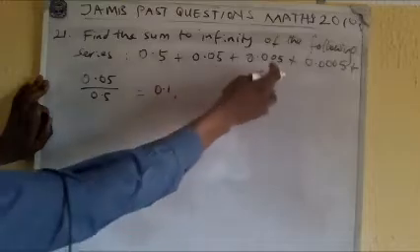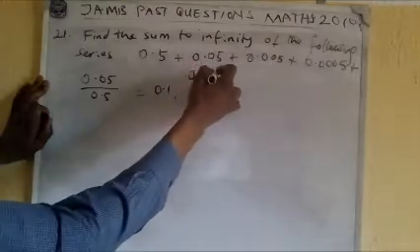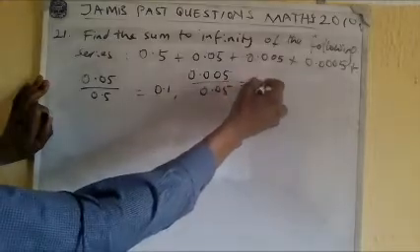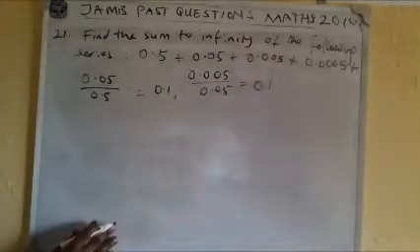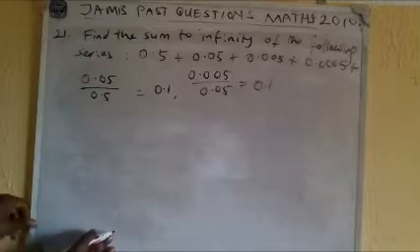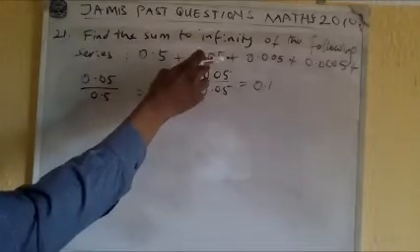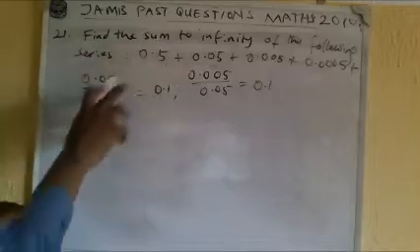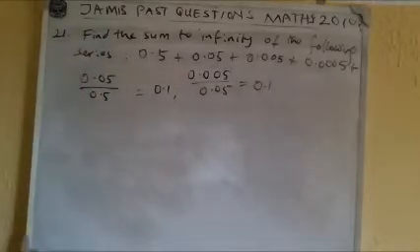And if I now say 0.005 over 0.05, the relationship is 0.1. So because the division of a term by the preceding term is a constant, this series is a geometric progression.